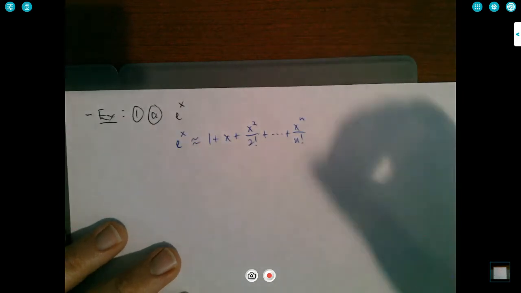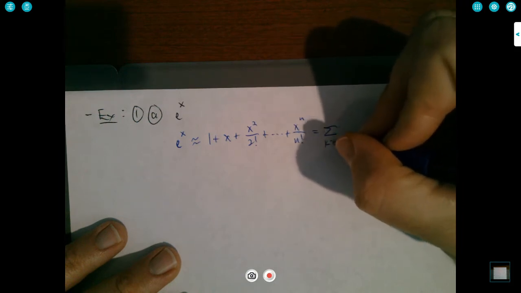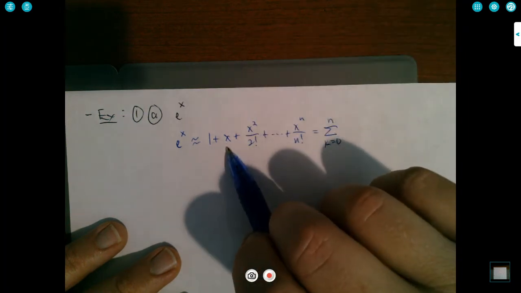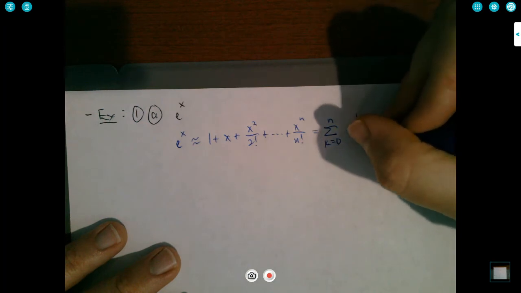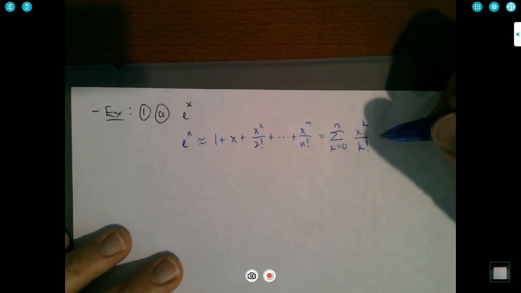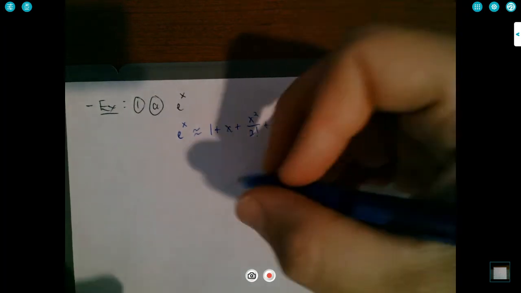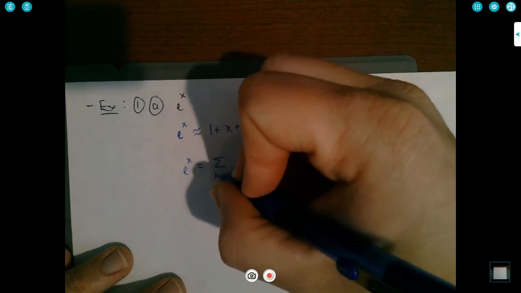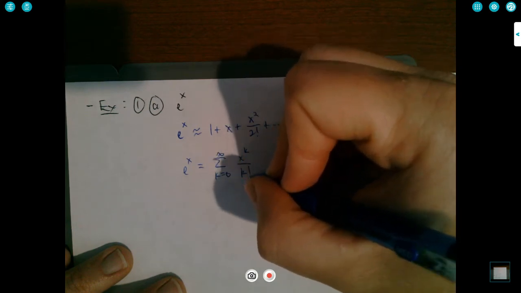The summation notation for this would be the sum from k equals 0 to n of x to the k over k factorial. So this is the Maclaurin polynomial. The Maclaurin series would be the sum from k equals 0 to infinity of x to the k over k factorial.